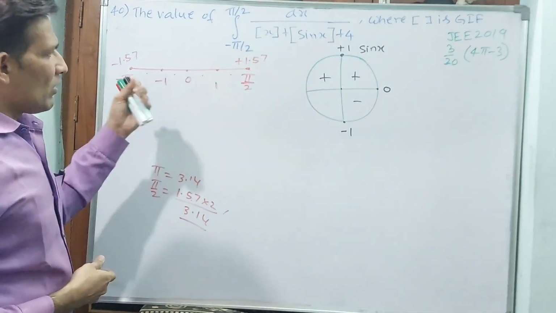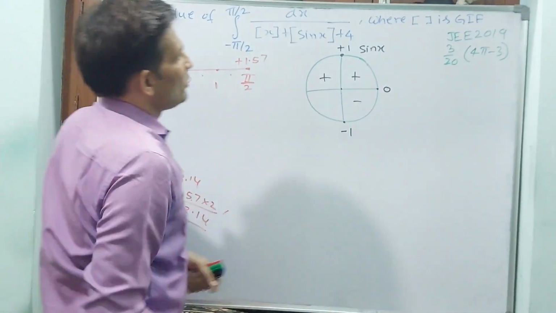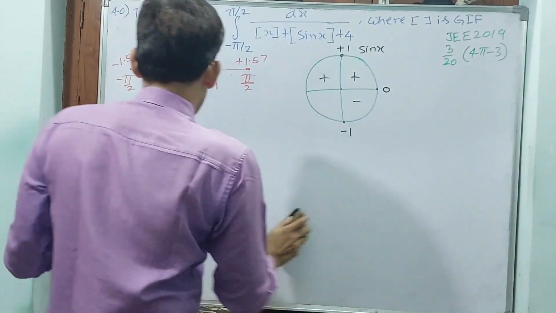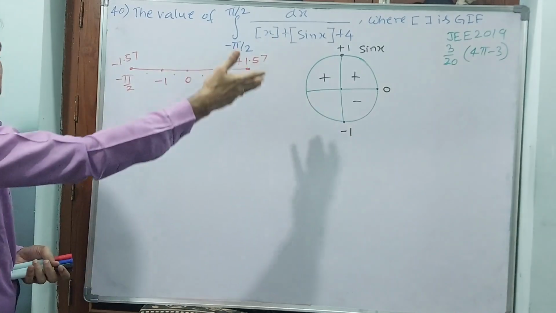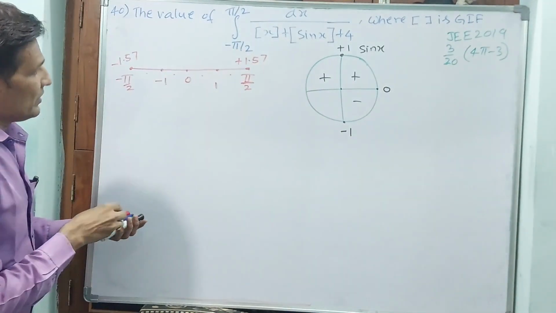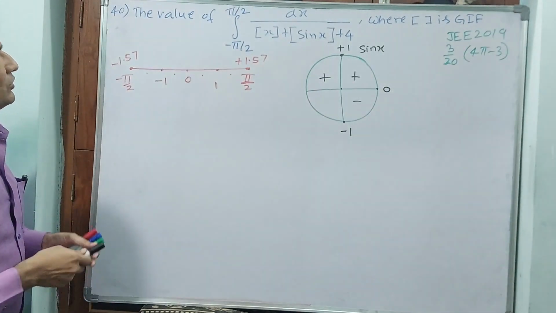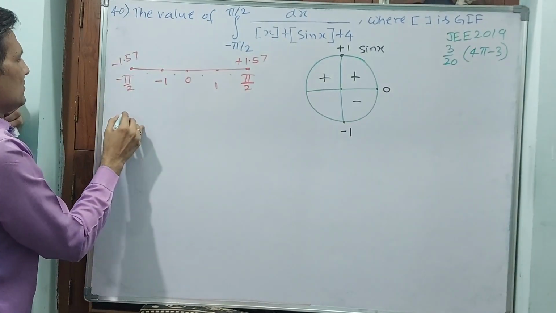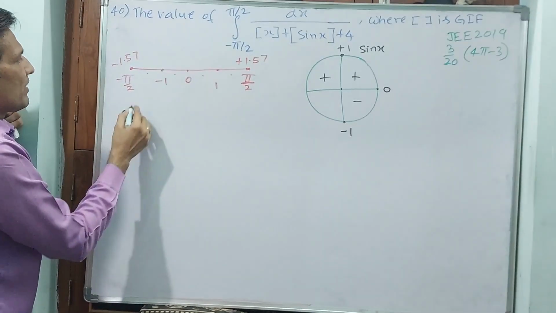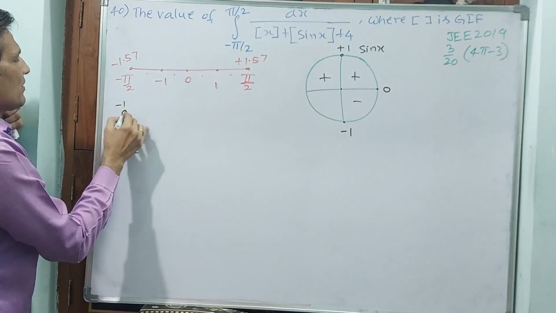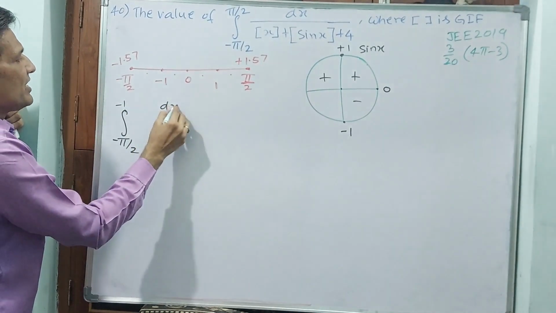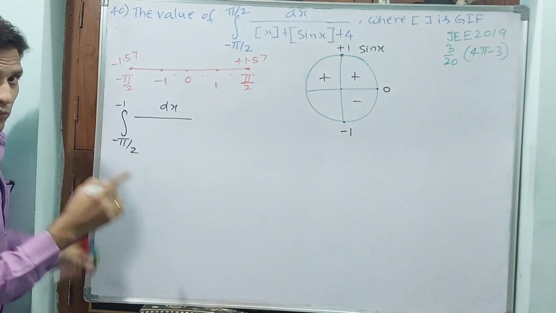Okay. Now let us proceed. Now enough I have told. This is plus 4. That is not a problem. Okay. Now how I am splitting, you observe carefully. Even though it looks small, it takes time and it takes space also. See how I am changing this. I am changing this from minus pi by 2 to minus 1 in the first case, and dx by, observe carefully, this is very crucial.